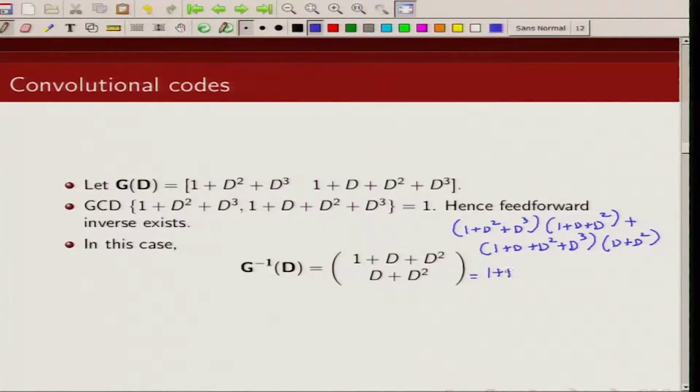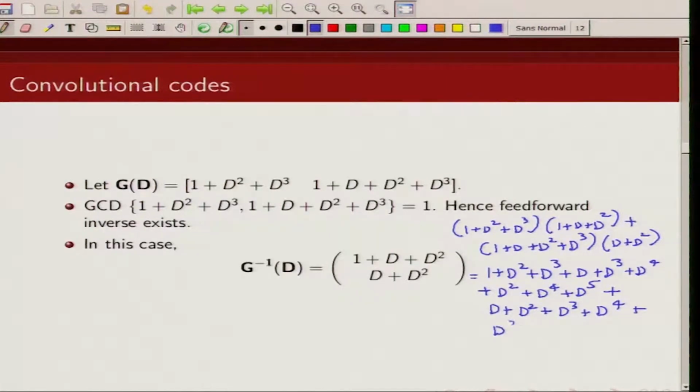This is 1 + D^2 + D^3 + D·D^3 + D^4 plus D^2·D^4 + D^5, and then multiplying the other terms, we get plus D·(D^2 + D^3) + D^4 + D^2 + D^3 + D^4 + D^5.